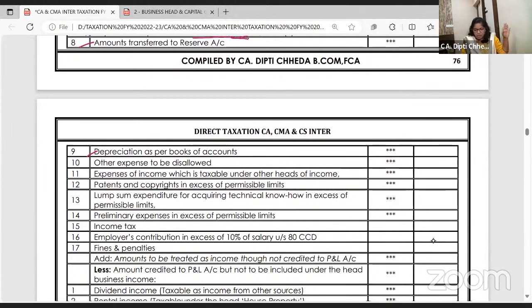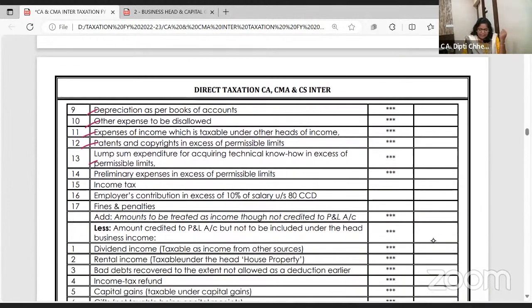Depreciation as per books not allowed. Other expenses disallowed. Expenses of income which is taxable under other head, like ghar ka municipal tax you have paid in the P&L account. So that's not allowed. Patent, copyrights and all these are intangible assets which are to be depreciated at 25%. So you can't put it in P&L.